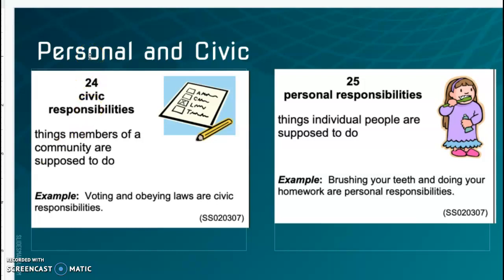So there are two types of responsibilities. We've already talked about one, which is civic responsibilities, things members of a community are supposed to do. Voting and obeying laws are civic responsibilities. Then the other responsibility is personal responsibilities, things individual people are supposed to do, such as brushing your teeth and doing your homework.